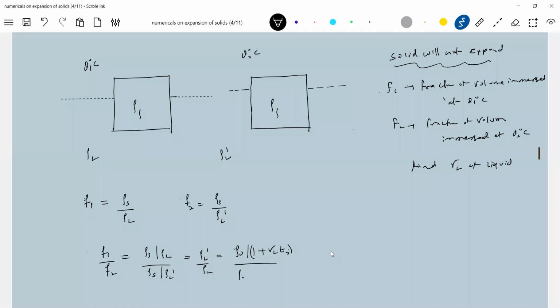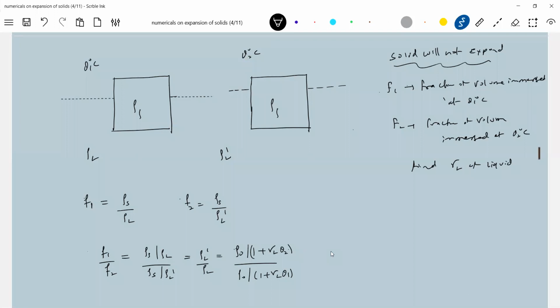What is rho L? Density of liquid at theta 1 degree Celsius. What is the density rho L dash? Density of liquid at theta 2 degrees Celsius.